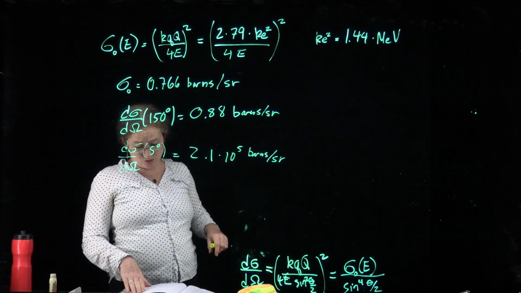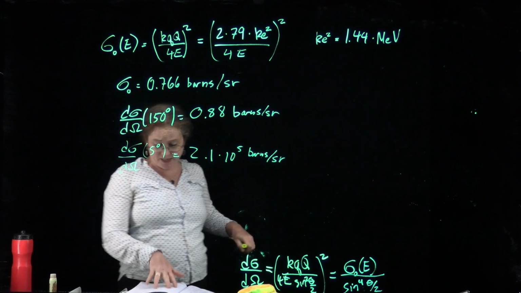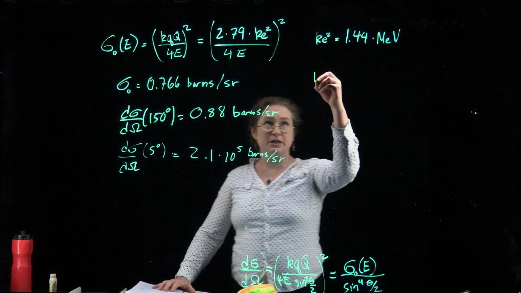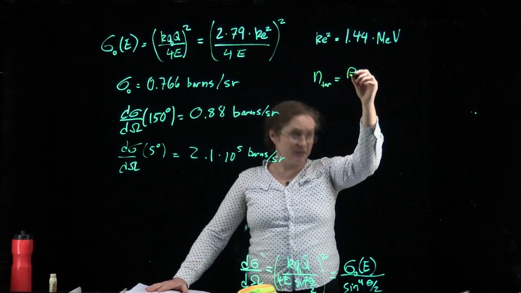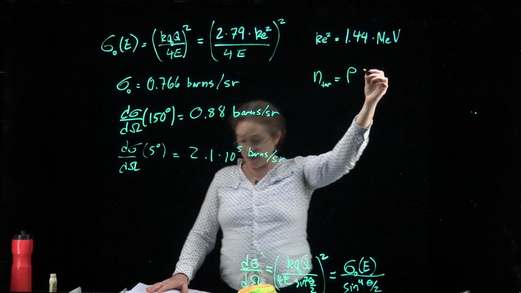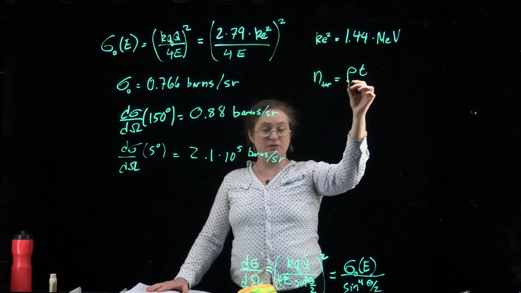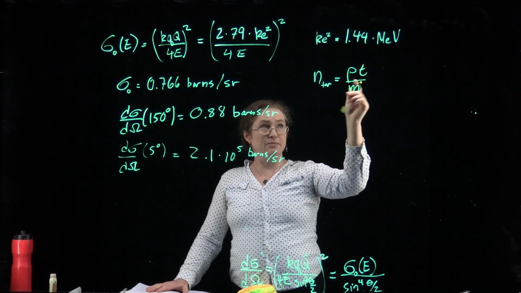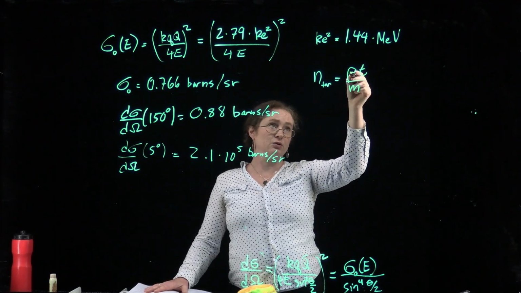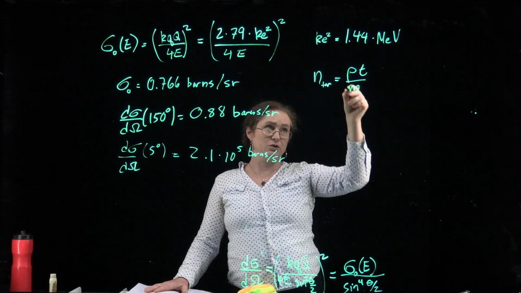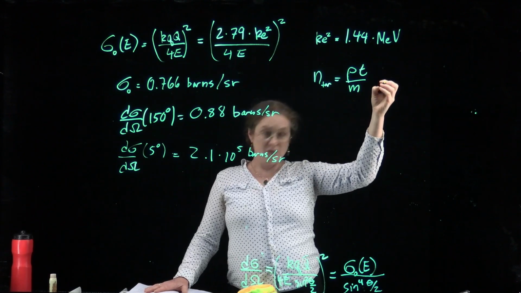So to give you a sense, we can then look at the target density, and that is the density of the metal times the thickness of the metal divided by the mass. And so this is going to give you units of numbers of particles per unit volume.